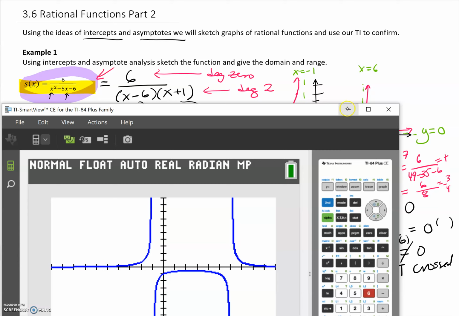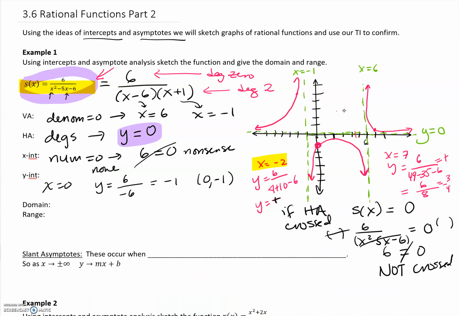Now let's go look at the domain and the range. So for the domain, that's pretty easy. We know that x cannot be the -1 vertical asymptote and the 6 vertical asymptote. Let's put it in set notation, x such that x cannot equal -1 and 6. And for the range, we'll say y such that everything gets covered except that horizontal line y equals 0, this guy that never gets crossed.